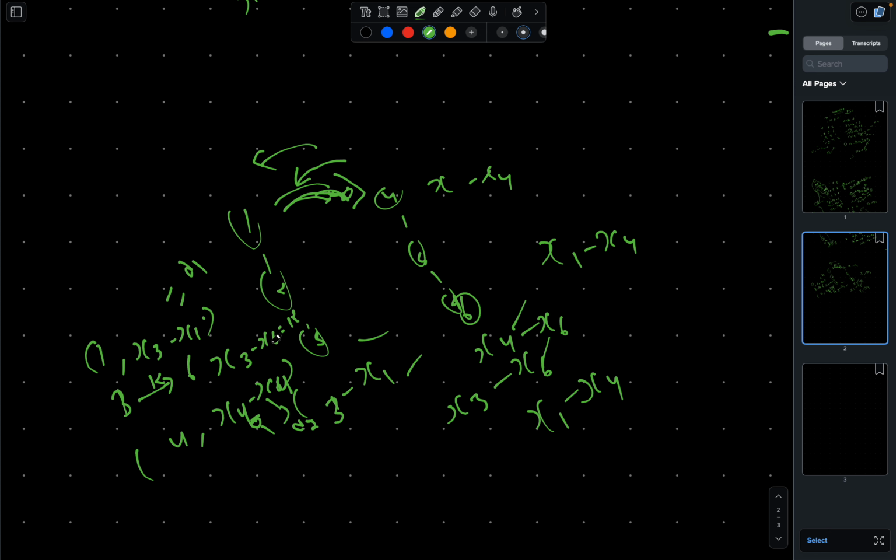So how do we obtain x4 minus x1? To do that, we add this and subtract this. So we have two pairs. So p of u dot first, this will be the weight of this as p of u dot first plus k, and this one we want to subtract.